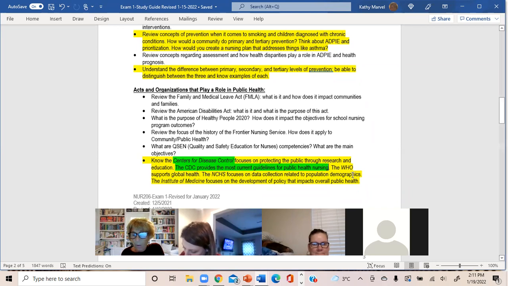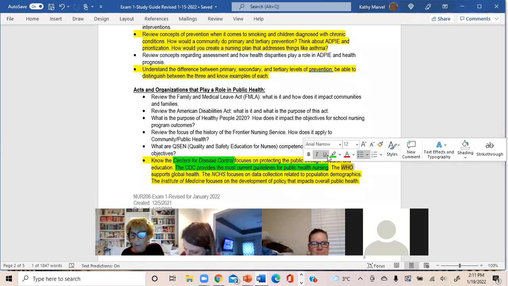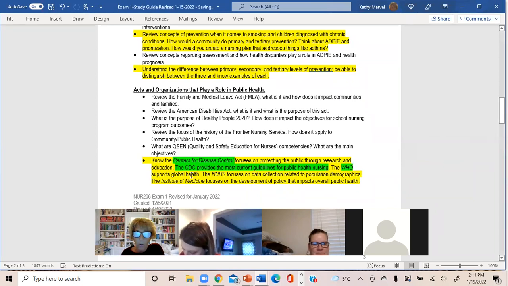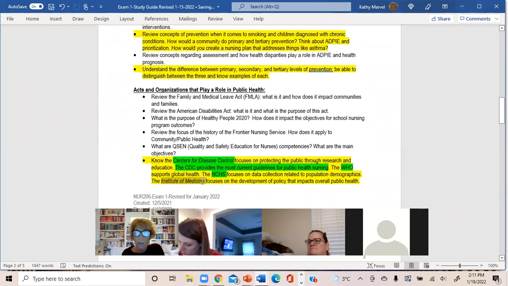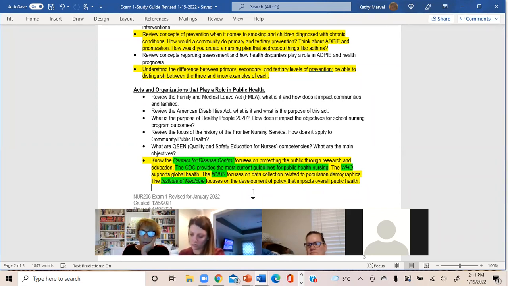Okay. And then another organization we need to know about is the WHO. What's the WHO? Supports global health. What's the NCHS? Focuses on data collection related to population demographics. And the fourth one in here is this one. So maybe with this particular paragraph, what kind of question might you get? Maybe given a scenario and you're asked which organization would take the lead role.